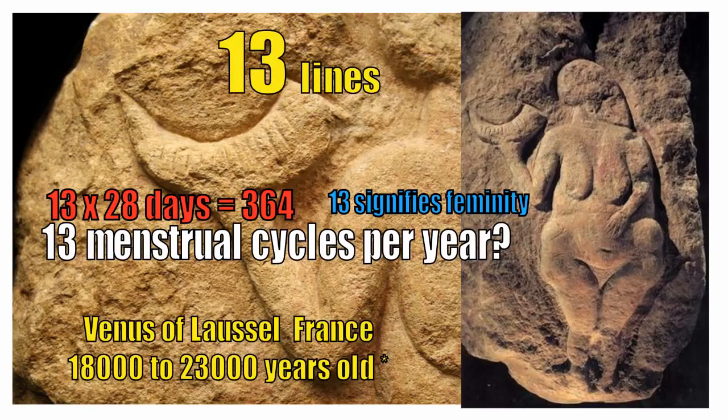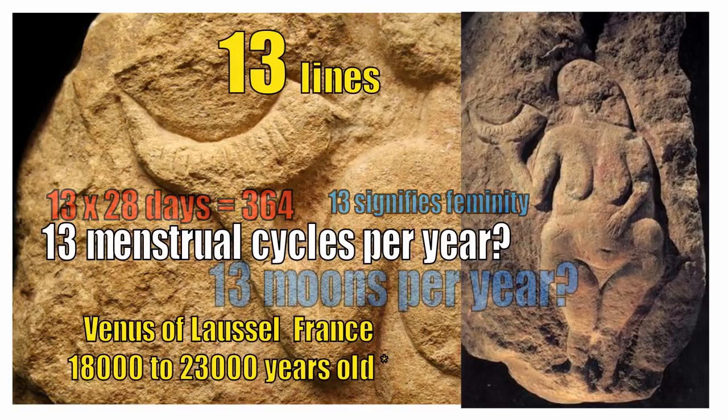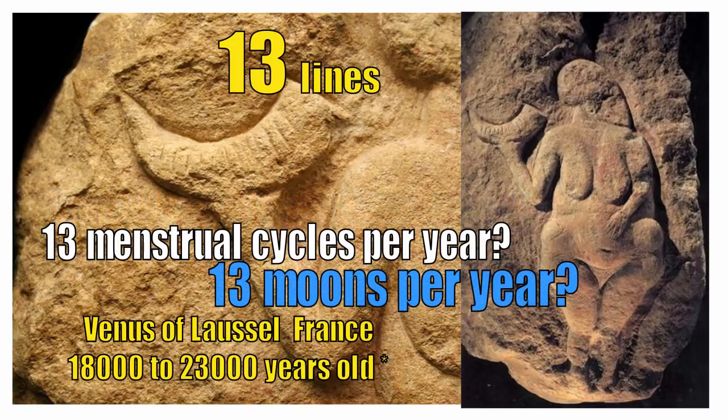However, menstruation literally comes from the same origins as the word month, and that will also lead back to lunar cults and especially connections to the 13 full moons per year.